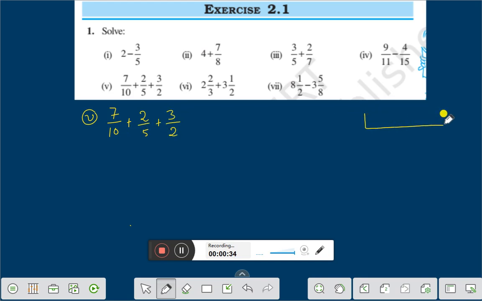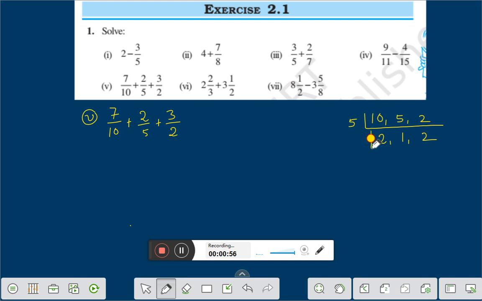Find the LCM of 10, 5 and 2. First you divide it by 5, that is 5 twos are 10, 5 ones are 5 and it is 2.